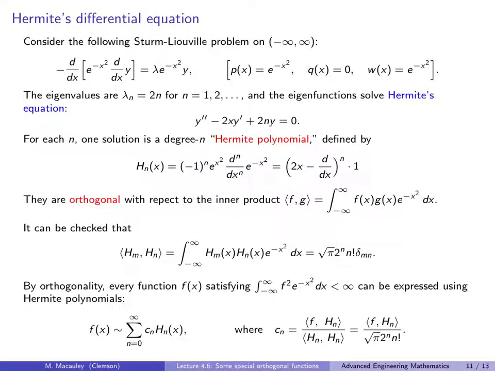And we have a formula for the Cn's as before. So Cn is just the inner product of f with Hn over norm Hn squared. And since we have a formula for that, this is just the inner product of f with Hn divided by square root pi times 2 to the n times n factorial.